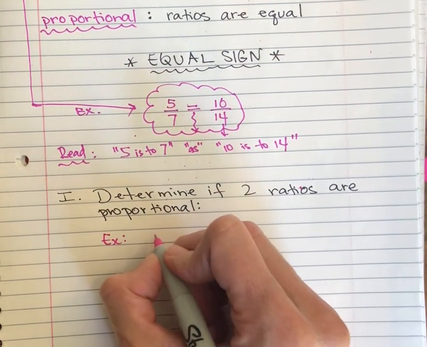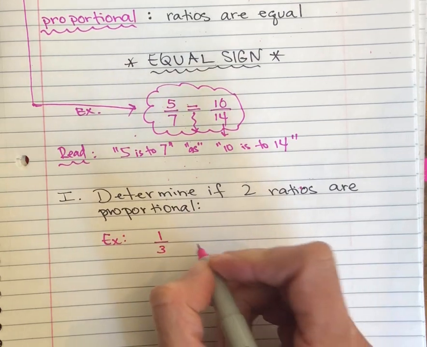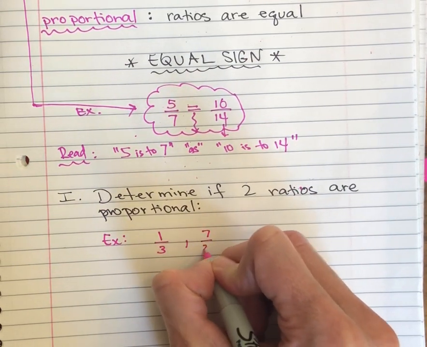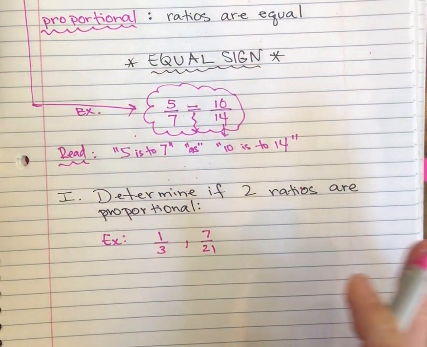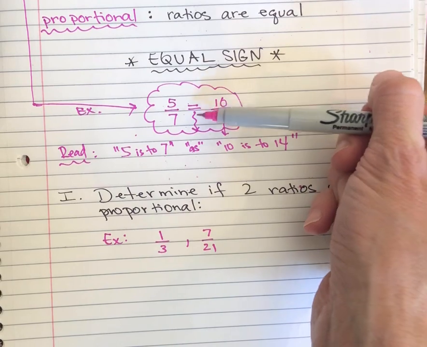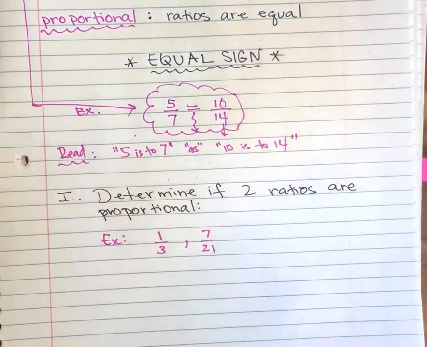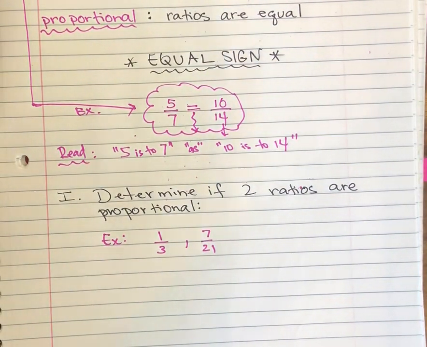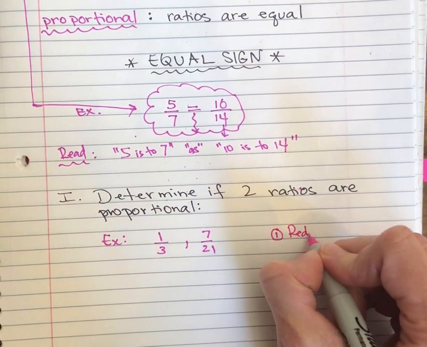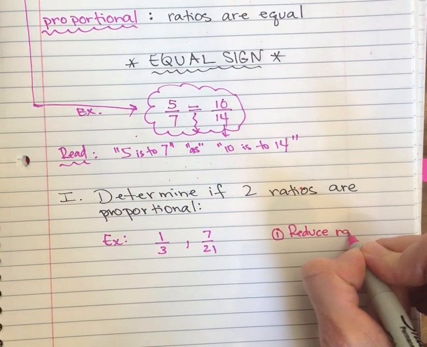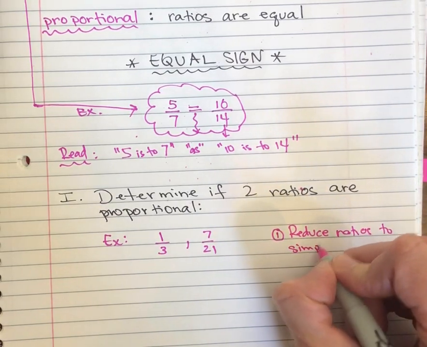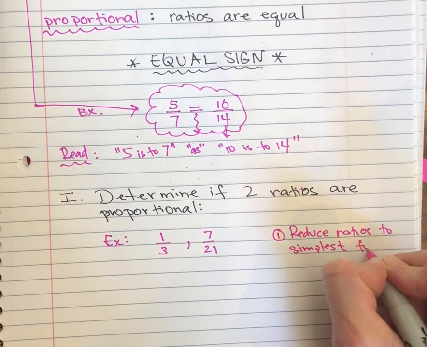We've practiced this already before, so it should be just really a quick review for you. So if I gave you the ratio 1 to 3, and the ratio 7/21, we want to determine if these two ratios are proportional. In other words, could we put an equal sign in between them and make it a proportion? So one way we can do that is to reduce our ratios to simplest form.